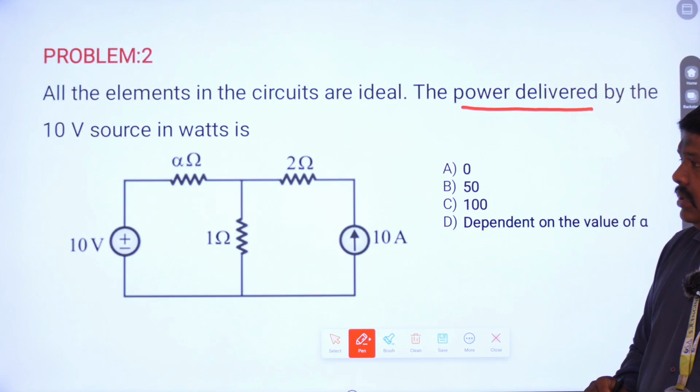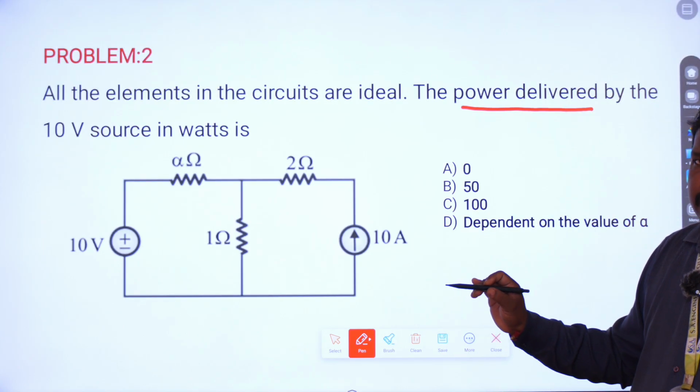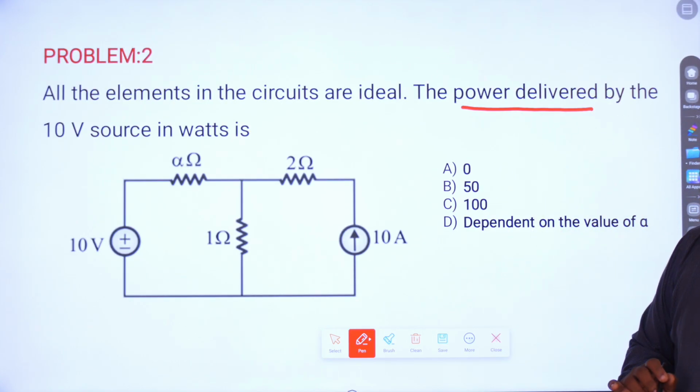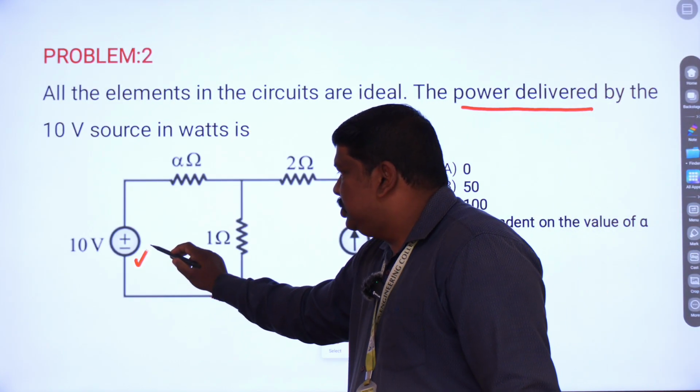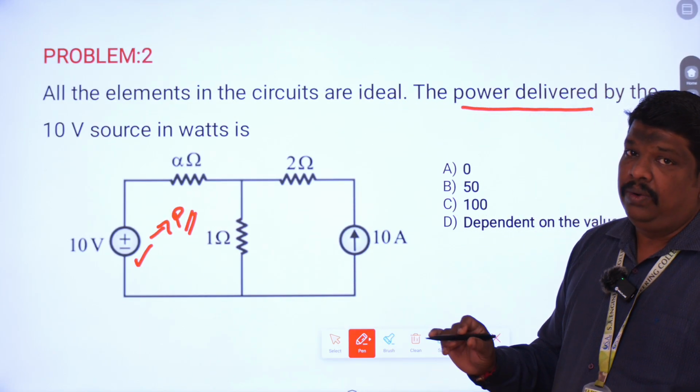In the second problem, again we are going to use your same nodal analysis method, but here in the circuit we are going to find the power delivered by the 10 volt voltage source. This 10 volt voltage source, how much power is delivered, that we are going to calculate.